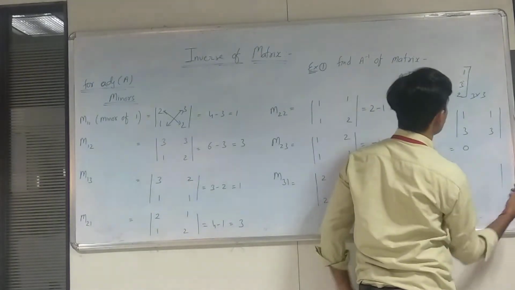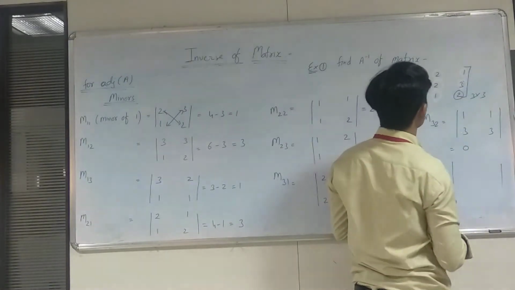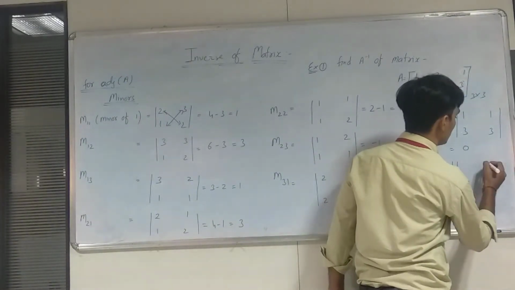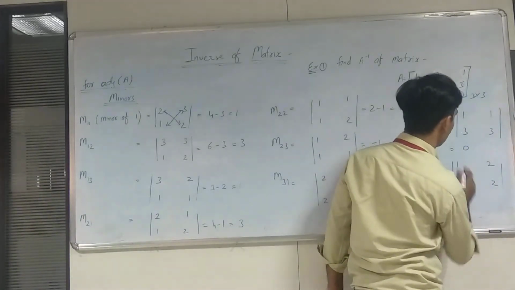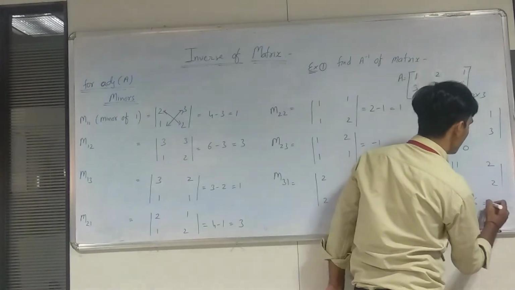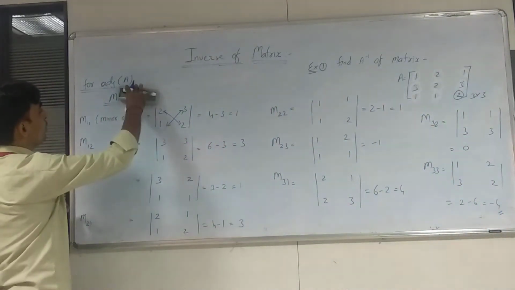M33, third row third column, 1 2 3 2, so it is 2 minus 6, it is minus 4. Same way we can find the cofactors.